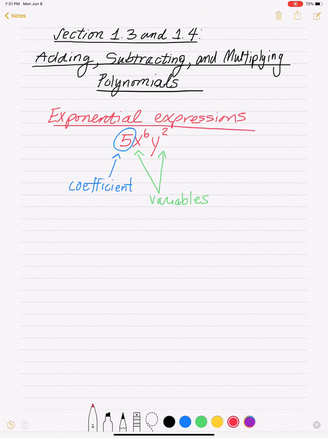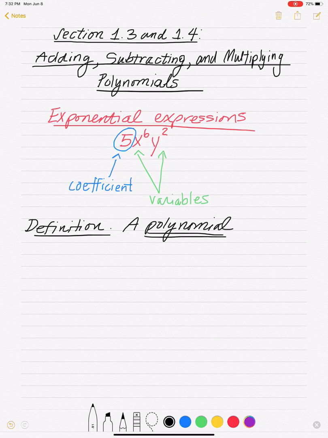So in this section we want to define, first of all, what is a polynomial? Definition: a polynomial consists of real numbers. Remember, real numbers are numbers that can be represented by a decimal, so most of the numbers you're familiar with.